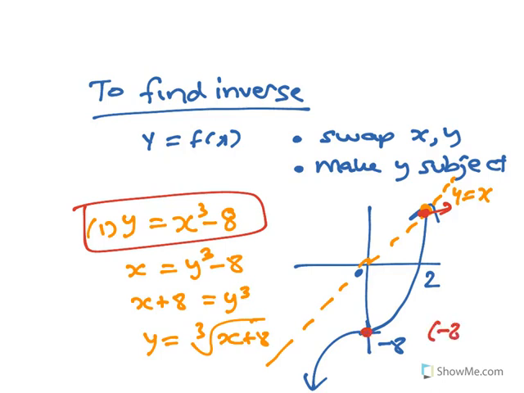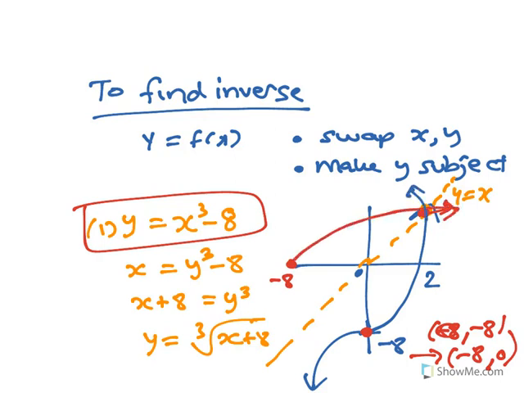This point here, which is 0, minus 8, will go to minus 8, 0. So where's minus 8, 0? Well, that's down there. So that's going to be that point. This is going to come through here, because you know that they intersect on the line y equals x. And then that's going to come back down here like a cubic, and that would be the reflection of that line.